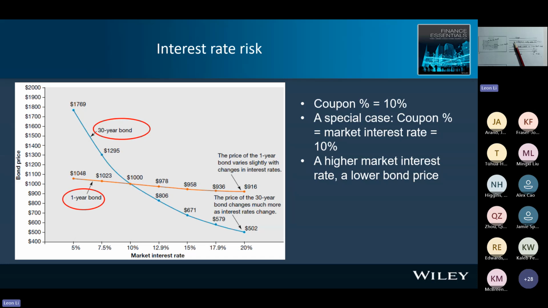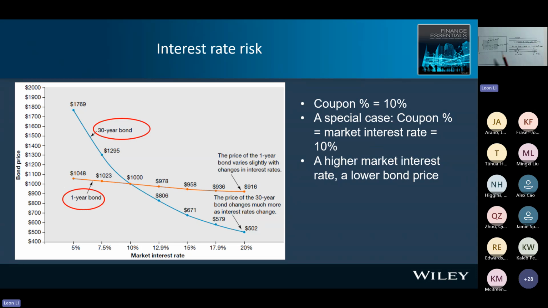The slope is change in the vertical line, change in bond price, divided by change in the variable for the horizontal line, market rate. So this is the slope. So the slope tells me the change in bond price when change in interest rate is 1%. So the slope is a sensitivity to the change in interest rate.